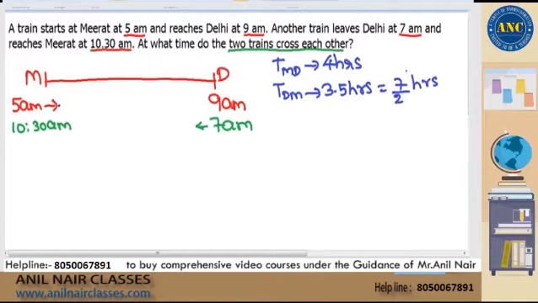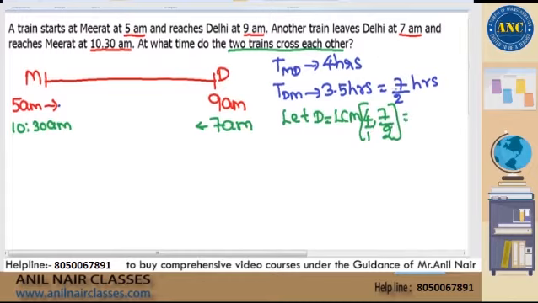Now see here, I know that the distance is constant. So I will assume the distance as LCM of the given numbers. LCM of 4 and 7/2. LCM of fractions, 4 is 4/1.